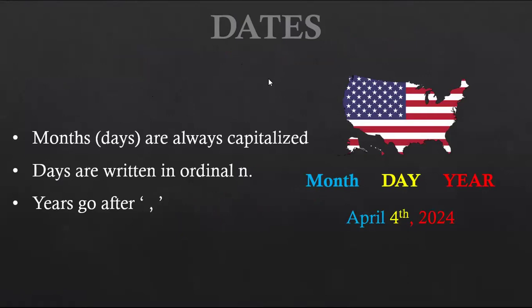Dates, months, and days are always capitalized. Then days are written in ordinal numbers. It's not usual to see a date with its written form of the number, like April fifth.